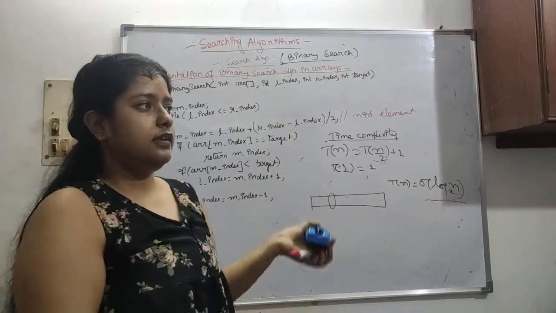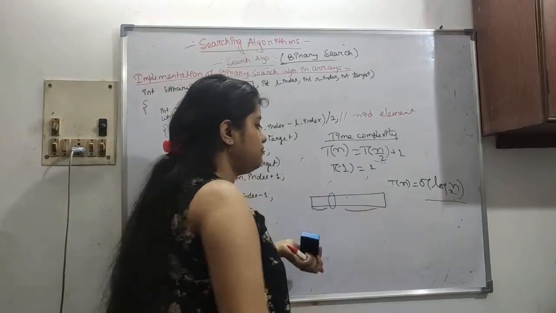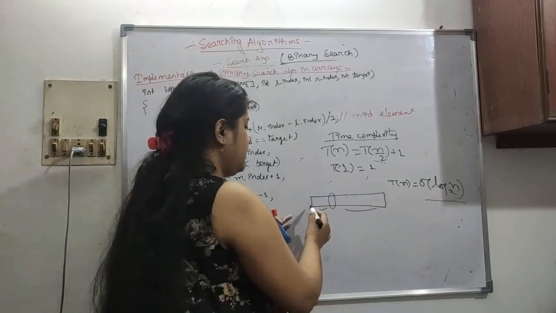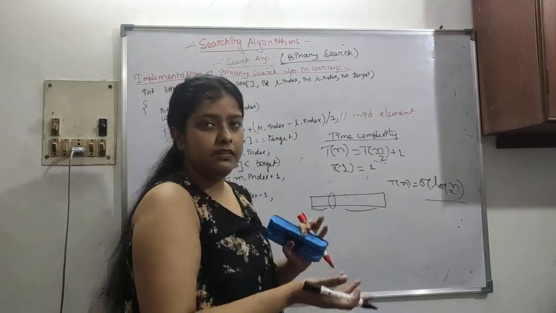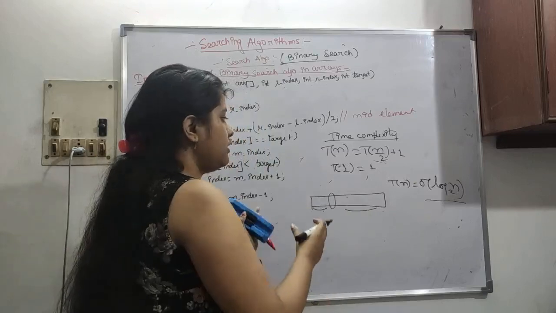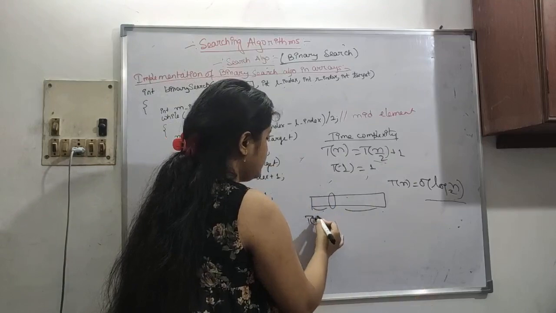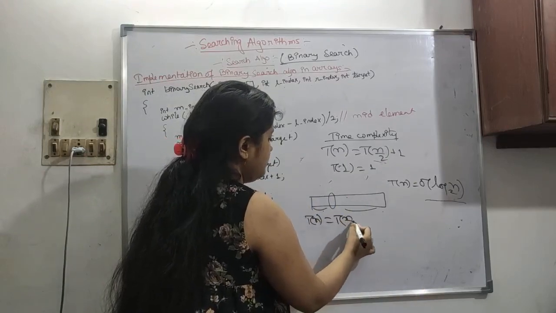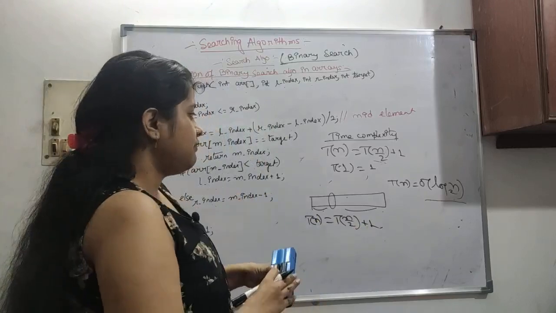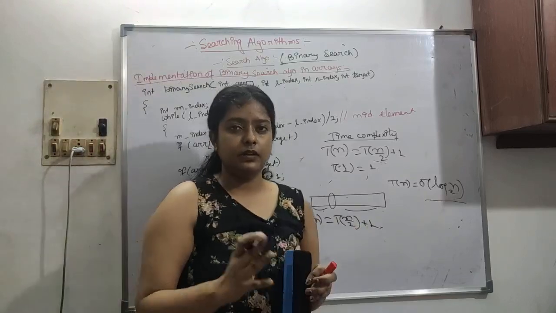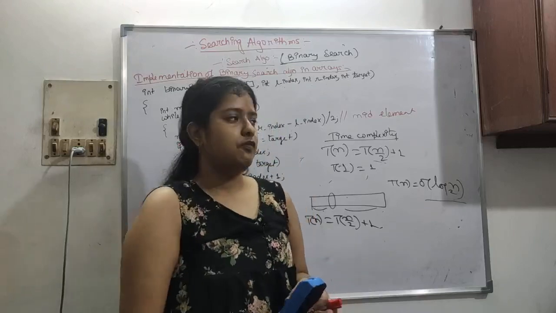I answered that anyways it will be divided into two arrays. Maybe this part will be lesser, this part greater, but it will be divided into two arrays, and we continue in one of them. So maybe the recursive relation will be the same. I felt the answer was correct, but I don't know. If I get any update from them, I will tell you.